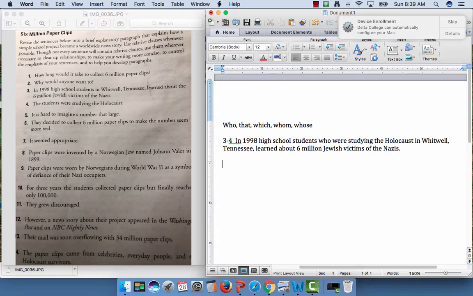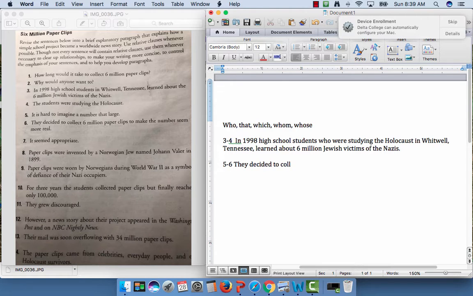Number and number. So it's that number. It's hard to imagine a number that large. So I'm going to type sentences 5 and 6. I'm going to type the second one first, because the first one's shorter.